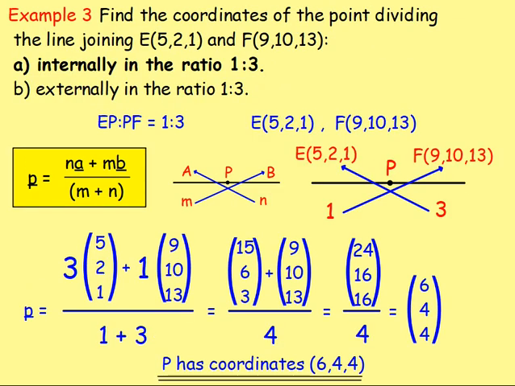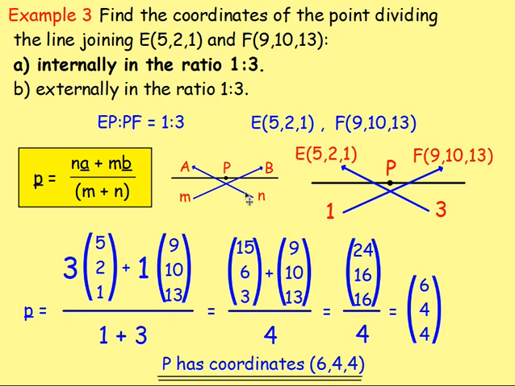With this example, find the coordinates of the point dividing the line EF internally in the ratio 1 to 3 and externally in the ratio 1 to 3. So first of all, because it's internal, we know to go from E to P, then from P to F, you'd have the ratio 1 to 3. Write down the 2 points, we know them. Again, you can either memorize this, or you could think about this wee crossover method. So you'd have A and B, that's the 2 points.